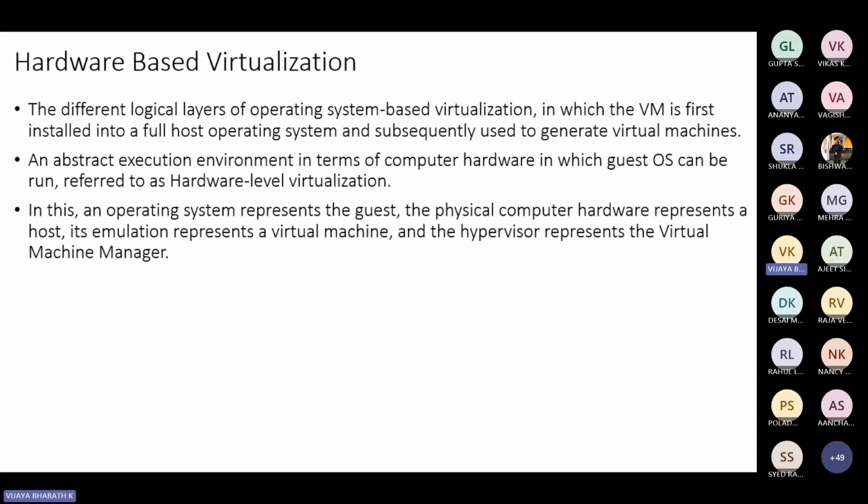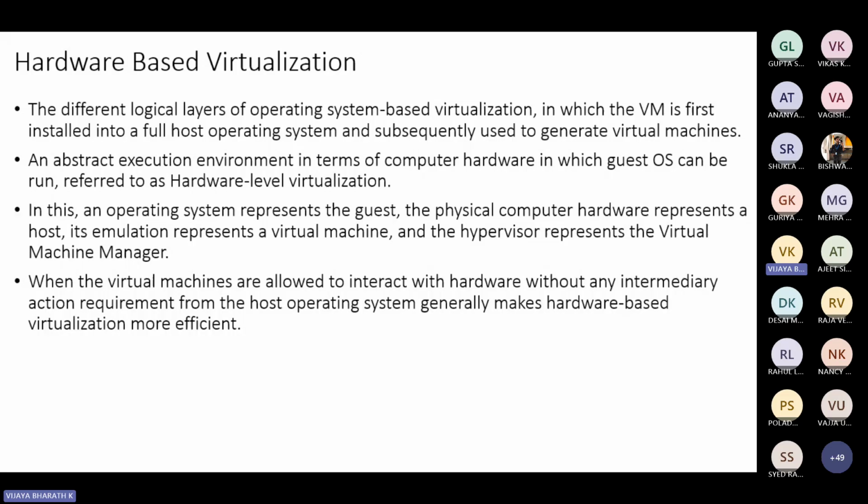Here the operating system represents the guest, and the physical hardware, that is your computer hardware, represents the host. All your cloud or any private virtualization you do works the same way. Here the combinational emulation represents it as a virtual machine, and your hypervisor is known as the virtual machine manager.